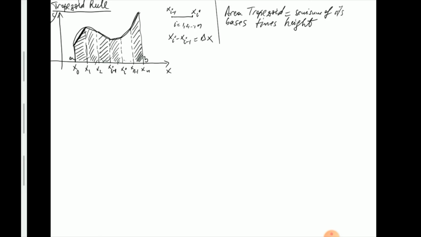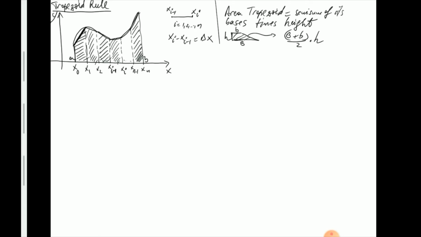These trapezoids are actually tilted, so let me actually draw it here. If you have a trapezoid in this shape, let's call this the smaller base, this is the bigger base, and this is the height, then the area would be the semi-sum of the bases times the height.